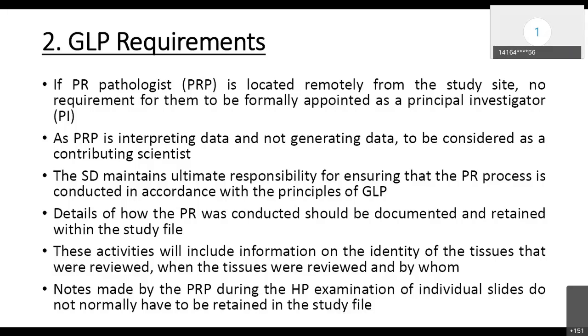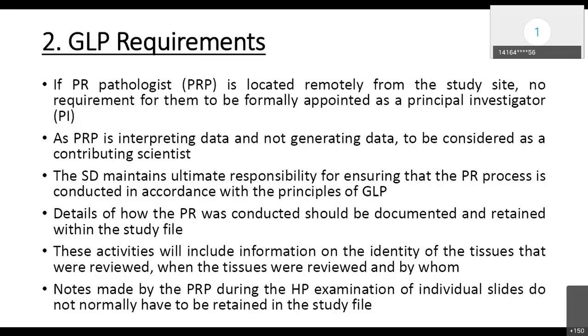How the peer review process was conducted also has to be documented and retained within the toxicology study files. This will include the identity of the tissues reviewed by the peer review pathologist, when they were reviewed, and by whom. All the documentation has to be done, and the study director has to ensure that everything is done and documented appropriately and as soon as possible.